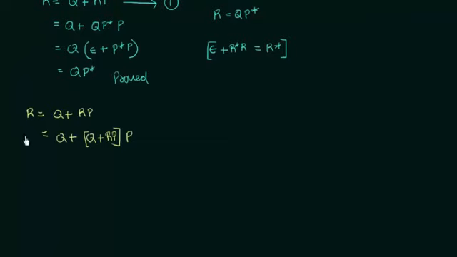Okay, and now let us continue. So how can I write this? Q plus, if I take this P inside, this becomes QP plus RP square. Okay, now we have an R again over here, so let me replace this R also with Q plus RP.